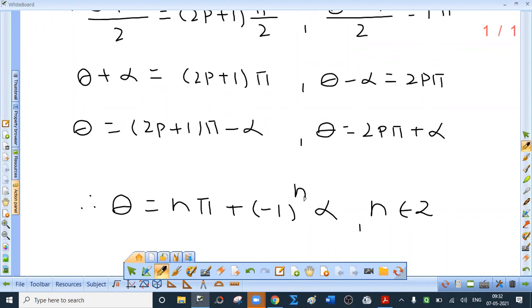Suppose n is even, minus 1 raised to even is plus 1. Yes, for even it is plus alpha. I hope this is clear to you. And therefore, the general solution of sin theta equal to sin alpha is what? Theta equal to n pi plus minus 1 raised to n alpha, where n is an integer.